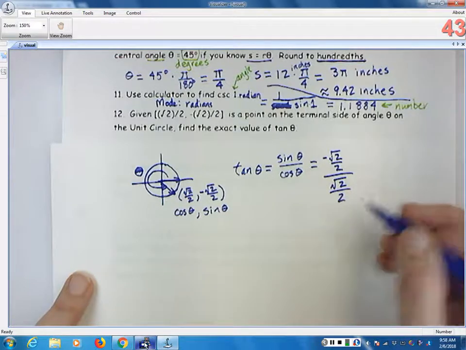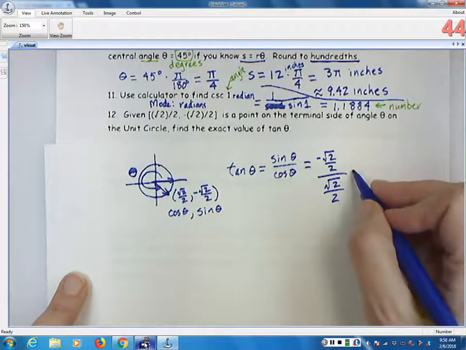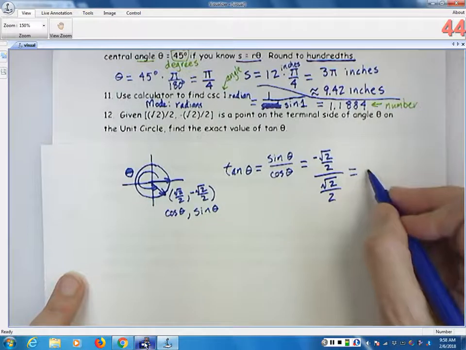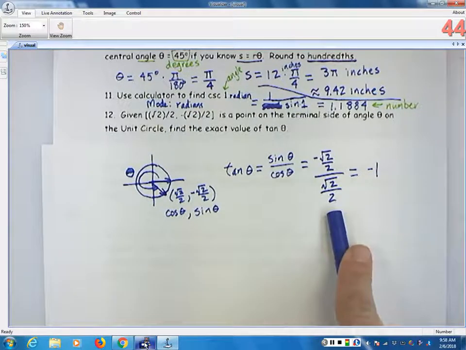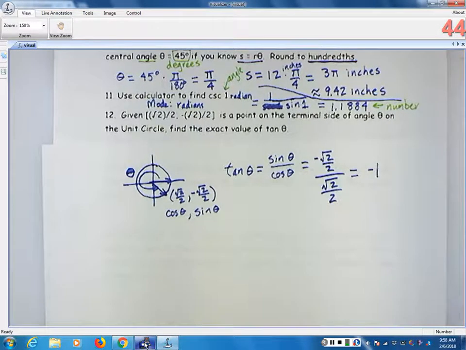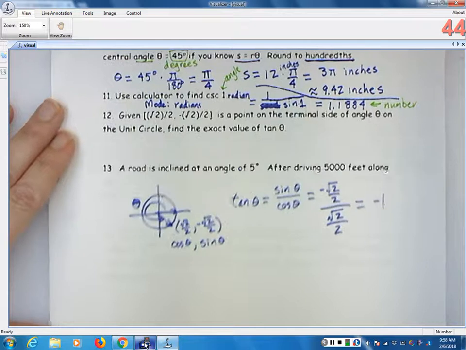So just negative 1. Yeah, it's negative 1. There you go. Anything over itself is 1, and then there's a negative sign. Okay, so practice these without your notes.